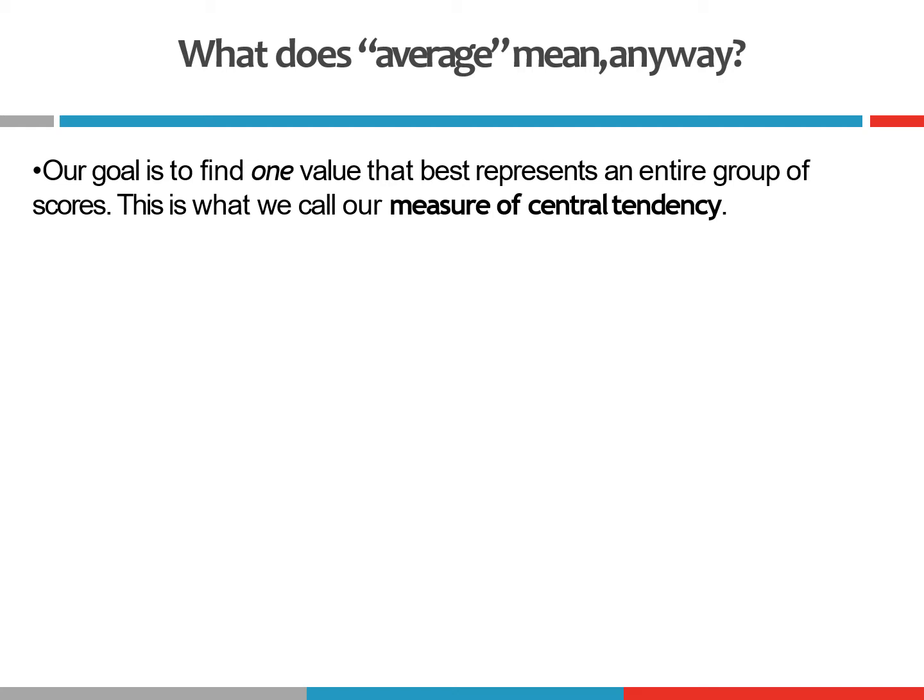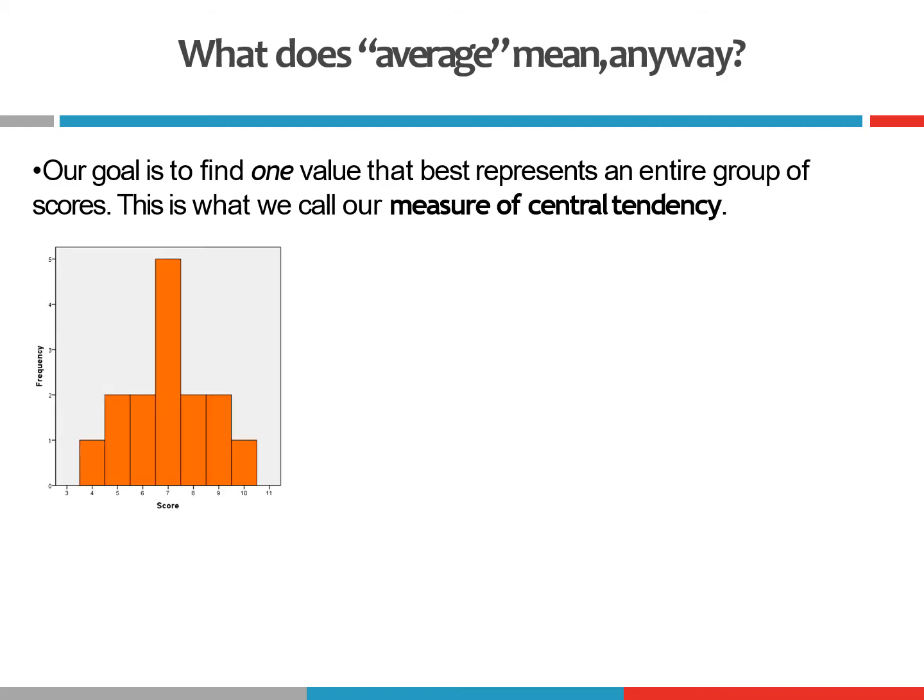So this is what we call our measure of central tendency, right? So sometimes it's easy. We can look at our frequency table or our histogram and it becomes very obvious what the average or the measure of central tendency is.